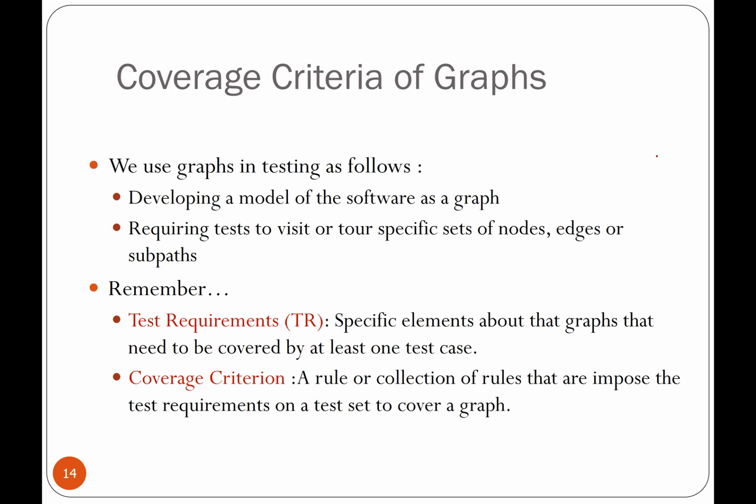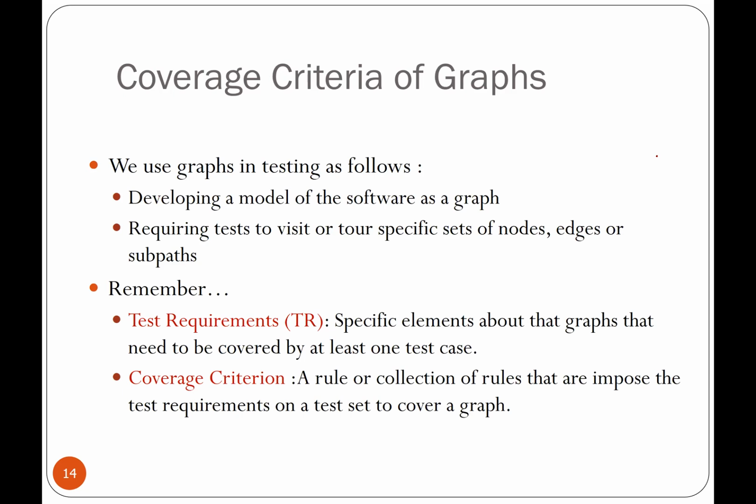Now, ultimately, we don't execute test requirements. We don't create them. We identify them. But what we create is the test cases. They execute certain paths in my code, and when I execute certain paths in my code, then I'm satisfying certain test requirements.